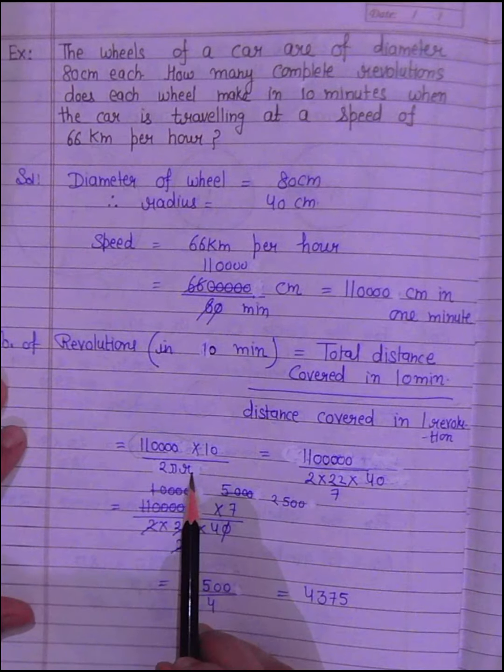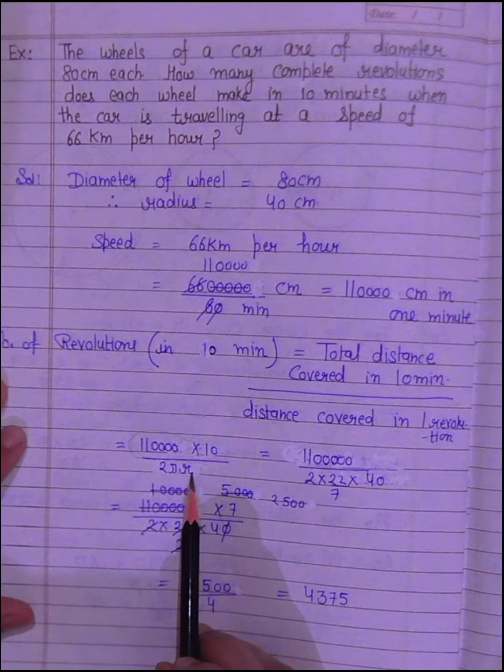Next example, the length of the minute hand of a clock is 14 cm. Find the area swept by the minute hand in 5 minutes. Now this is a clock and this is a minute hand with 14 cm. I can consider it as a radius.